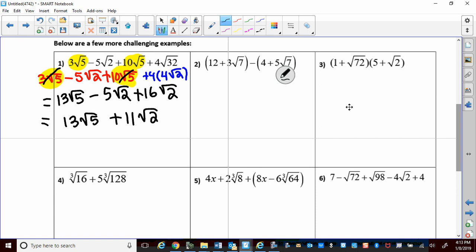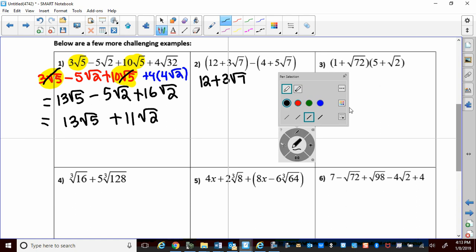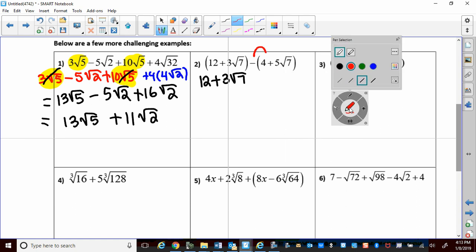Next problem, I'm just simplifying. So losing the parentheses, there's nothing I can do to the first part. 12 plus 3 square root of 7. Now I do have to distribute that negative to the 4. So negative 4 and to 5 square root of 7. So negative 5 square root of 7.